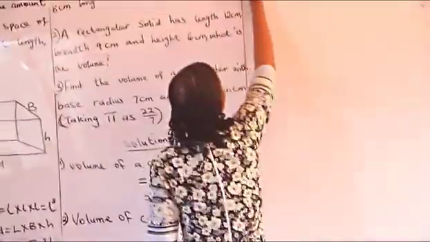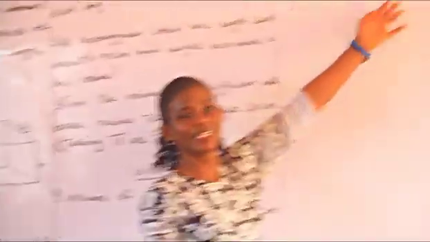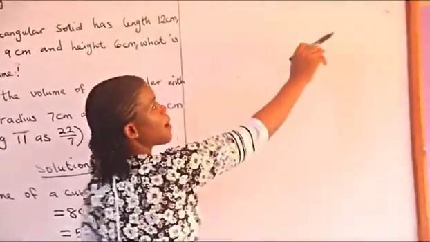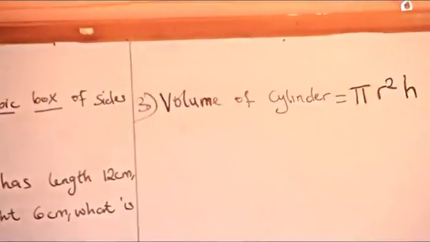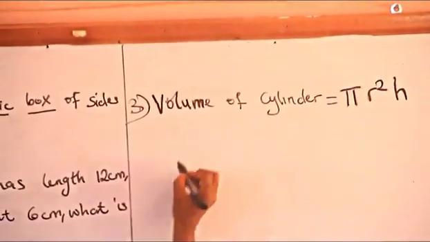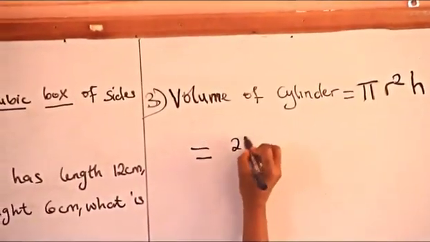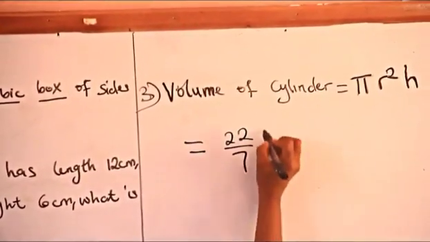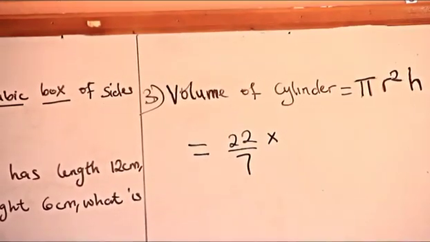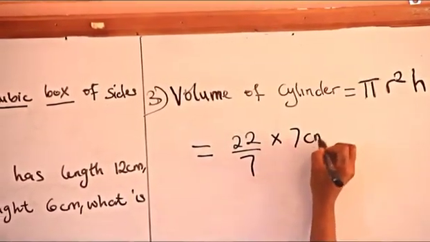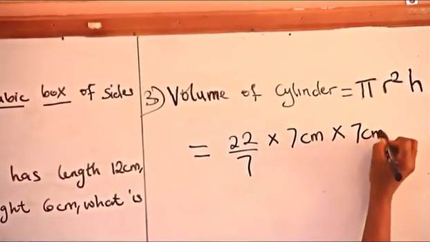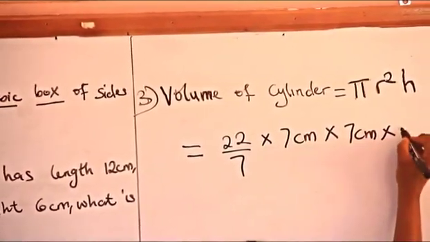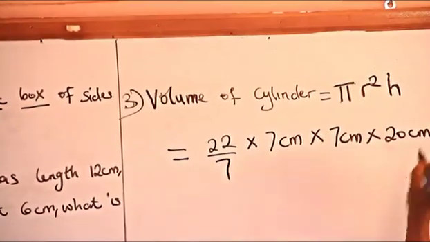So number 3, volume of a cylinder equals pi r squared h. Taking our pi as 22/7, 22/7 multiplied by 7 centimeter multiplied by 7 centimeter multiplied by 20 centimeter.